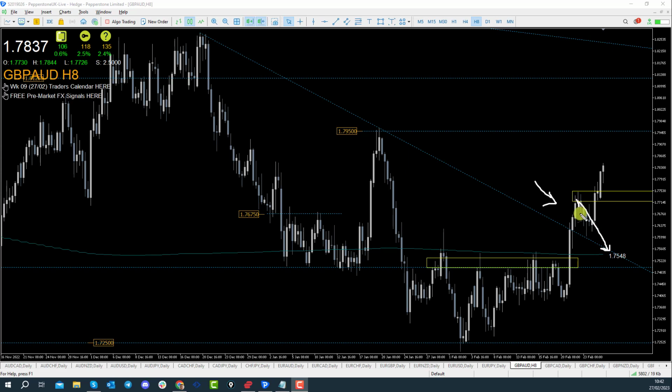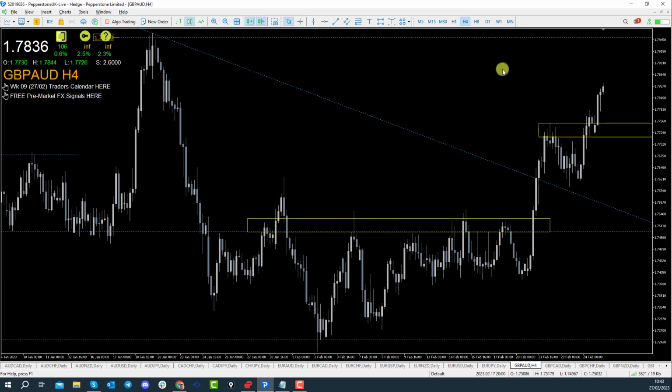The second was watching price on a lower time frame, and if price formed a double bottom, look for your long opportunities. Now if I dive down to the 4-hour chart, you can see that we had that double bottom pattern. Price has then extended and broken into new highs. So now I'm looking to see if price will come back. Can we get a pullback into around the 1.7730 handle, 1.7725, which are these previous highs in here?